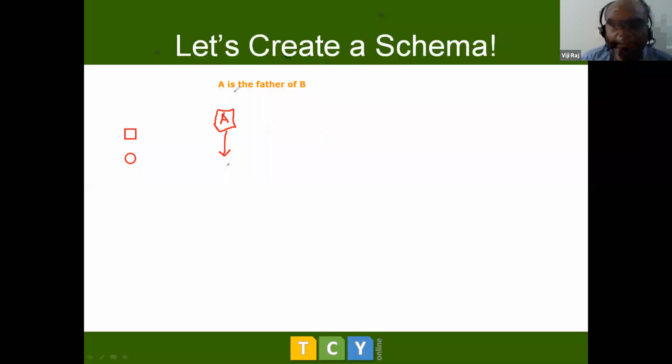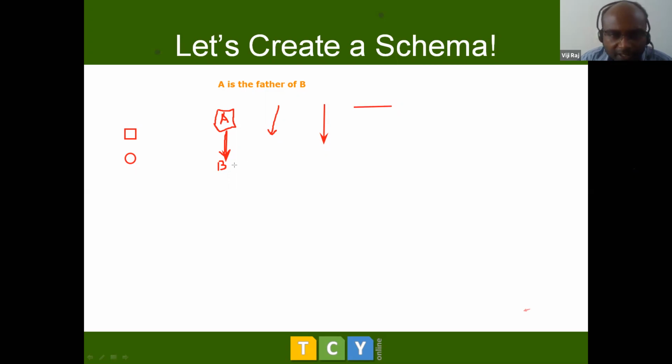So let us say we have another statement. C is the sister of B, right? So here, to denote a brother-sister relationship, we can use a horizontal line because they stay in the same generation.